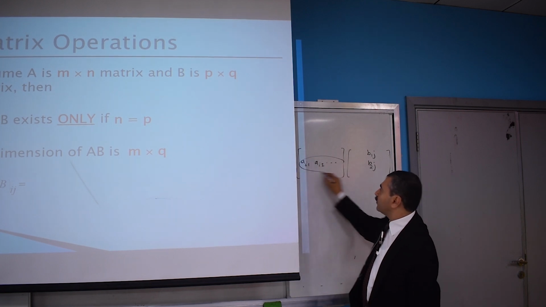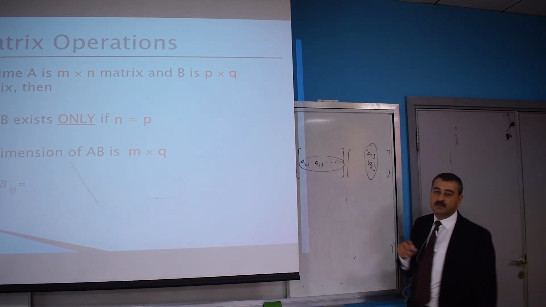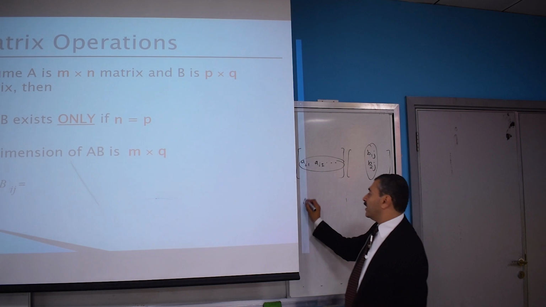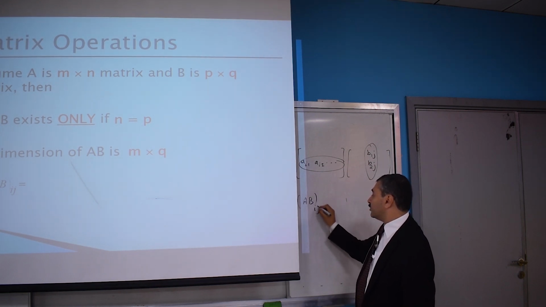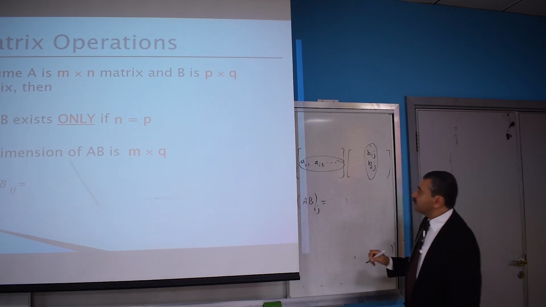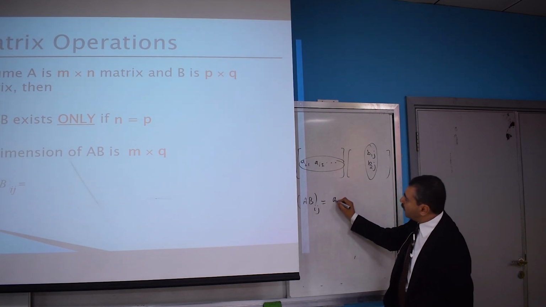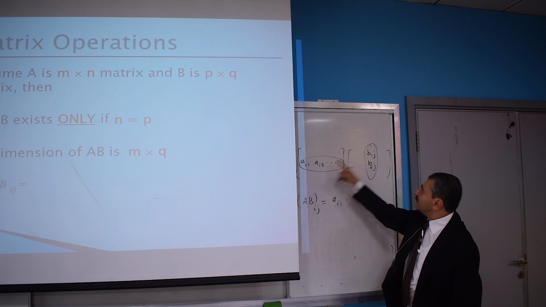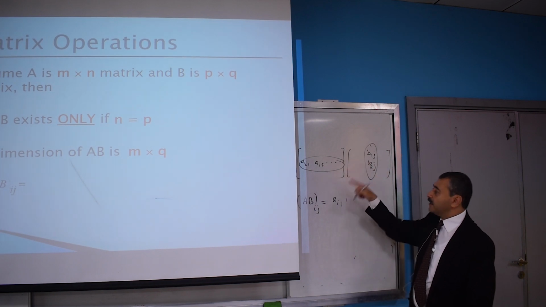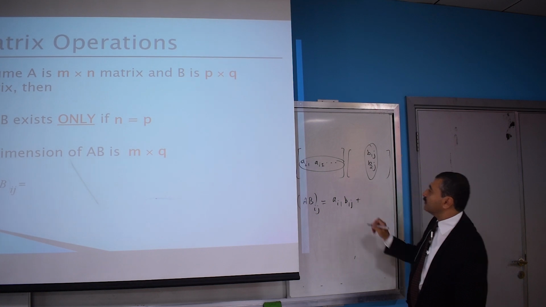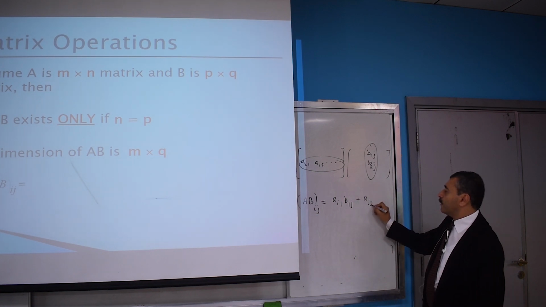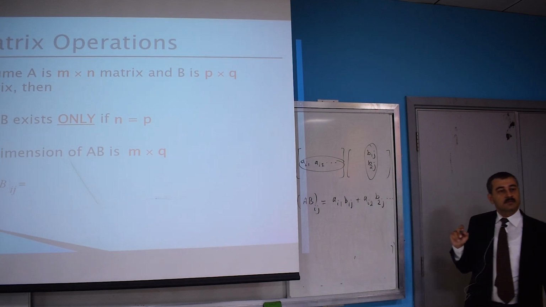So we're going to do dot product between these guys. So AB, the entry indexed I and J, equal to A_i1, I'm going to do dot product. Okay? A_i1 B_1j plus A_i2 B_2j, and so on.